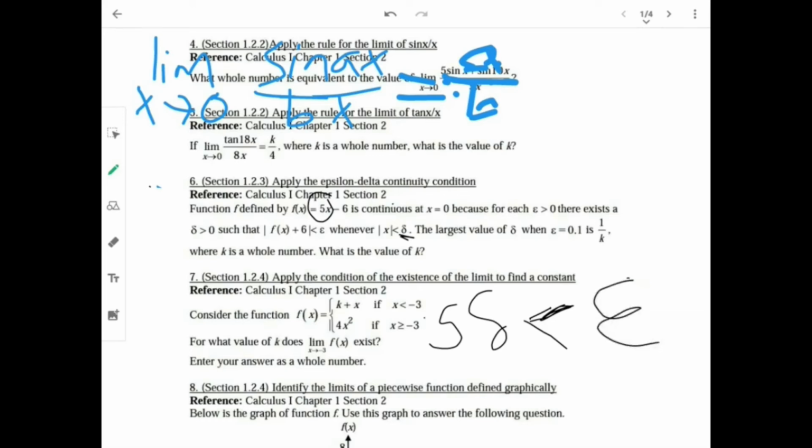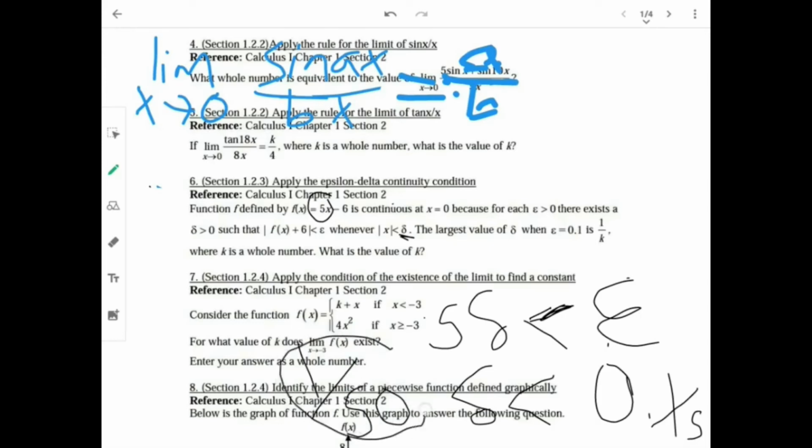Now they gave you epsilon over here, which is 0.1. So delta is going to be less than 0.1 over 5, which makes it 1 over 50. And that is the maximum value that delta can be. So over here, 1 over k, k is equal to 50.